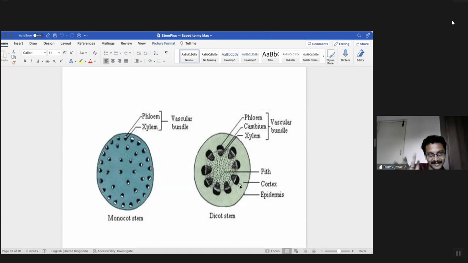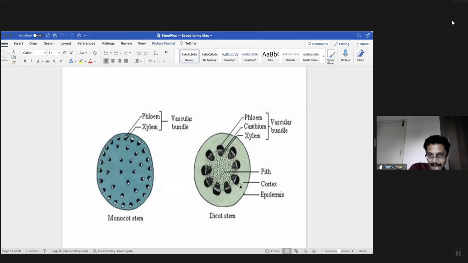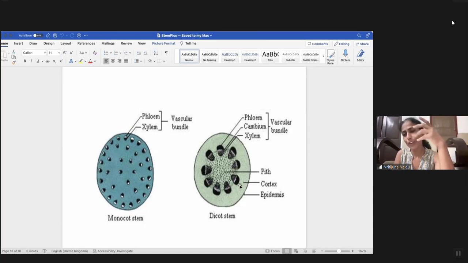So that layer will be there in the seed, right? Which can split. If you know this plant gives this kind of seed, then they can classify, yes.